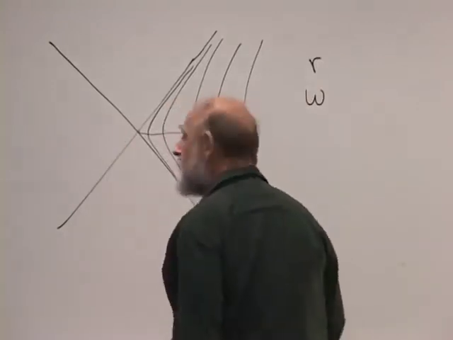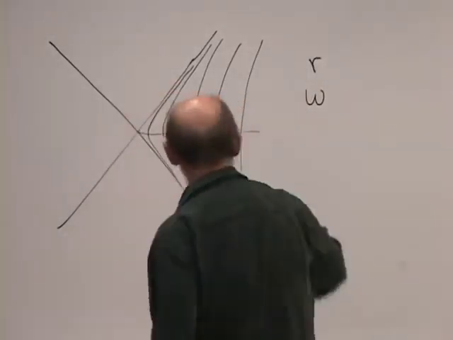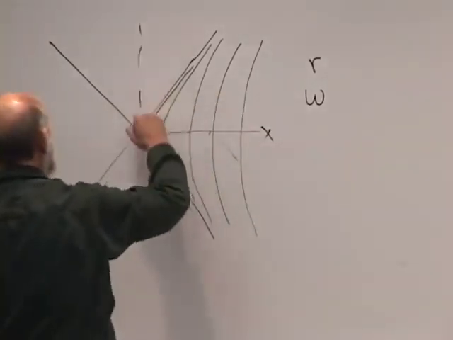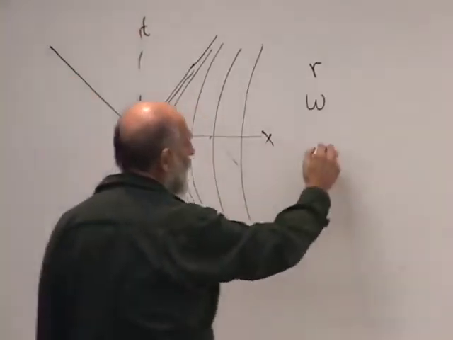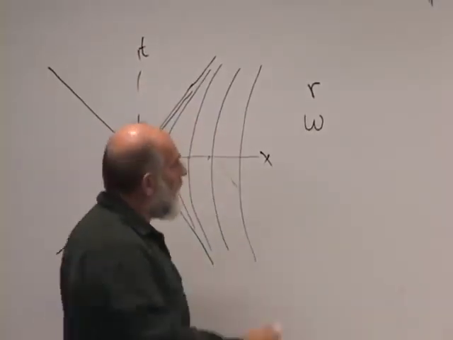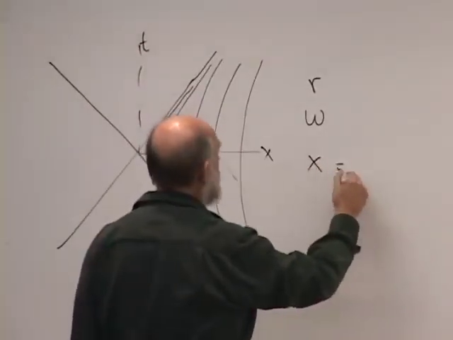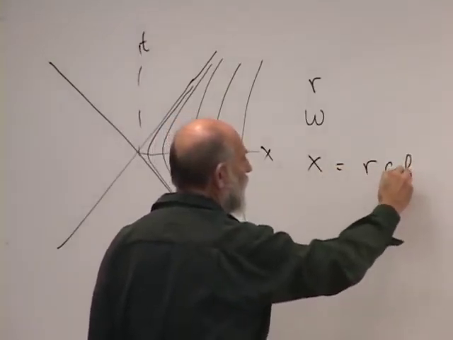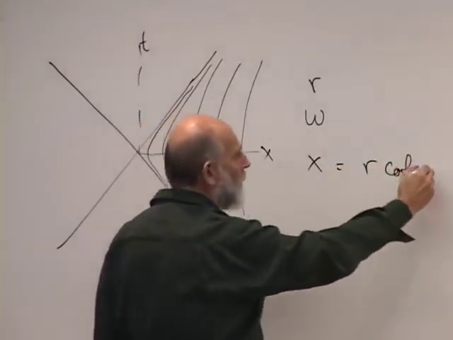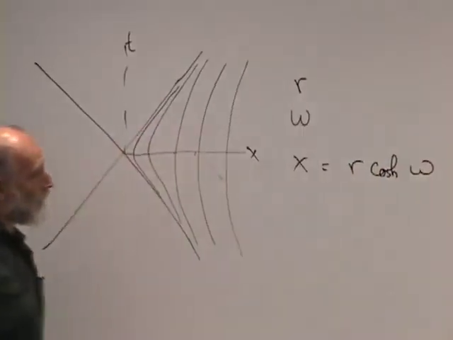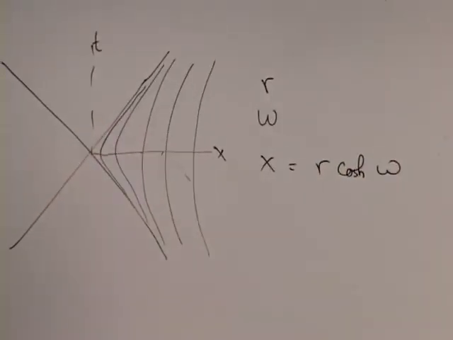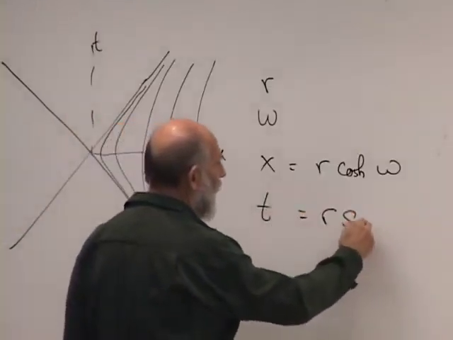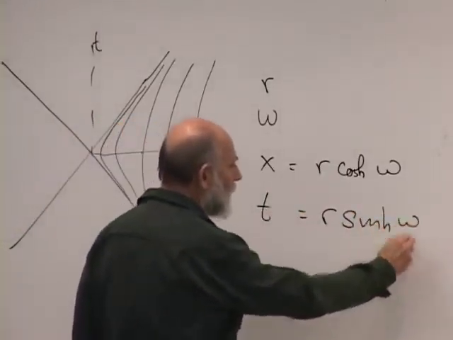If you want the precise relationship with the original coordinates on the blackboard, let's call them x and t, then x is equal to r times the hyperbolic cosine of omega, and t is equal to r times the hyperbolic sine of omega.